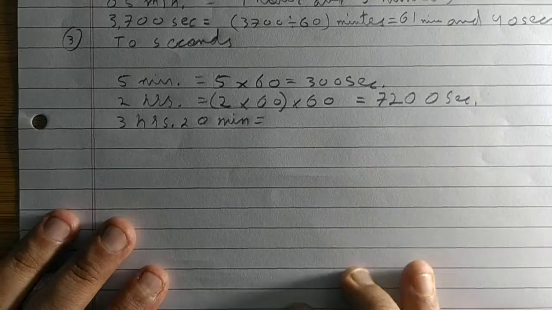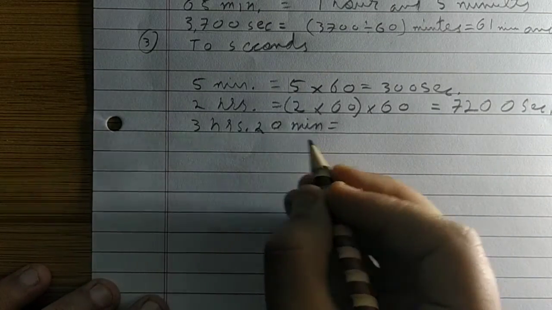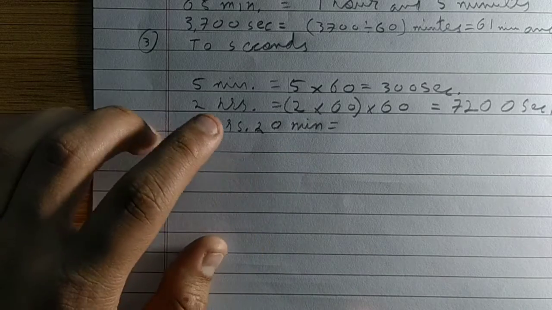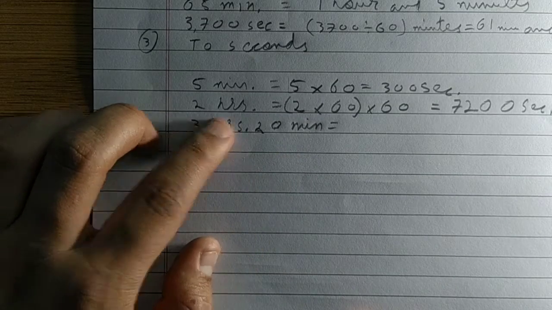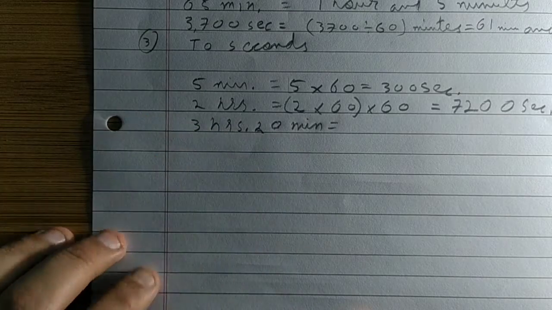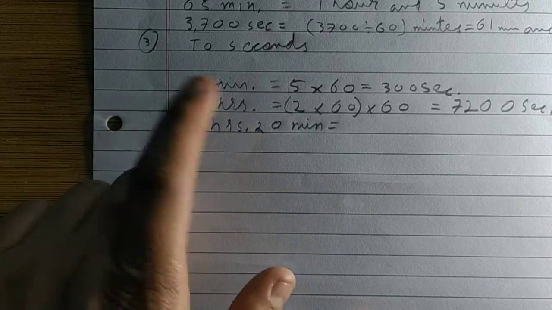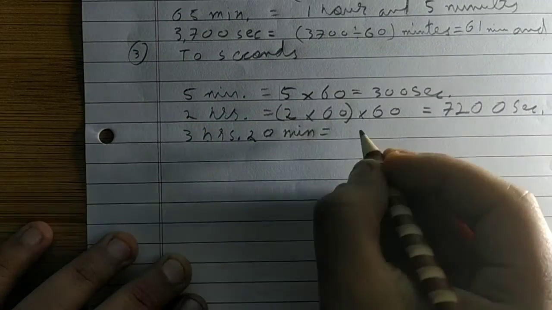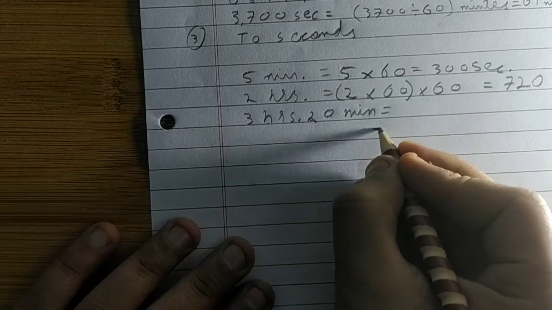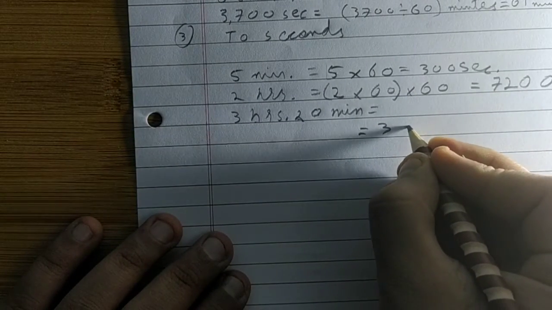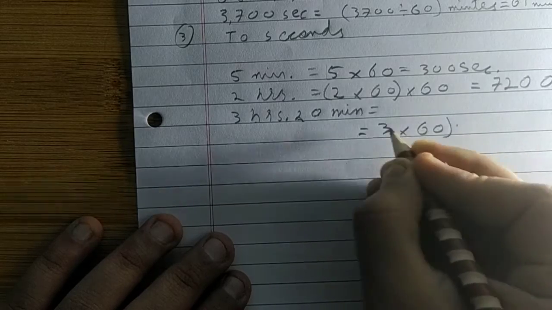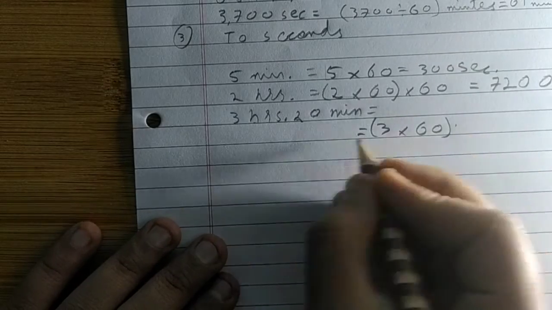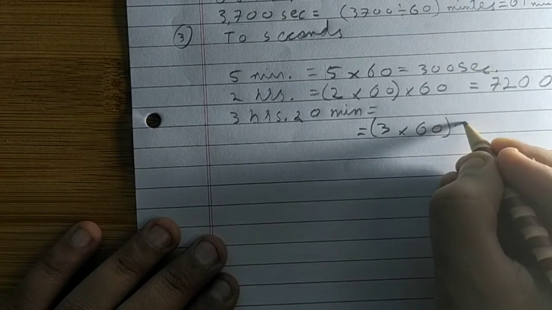And the last part of this is 3 hours and 20 minutes. Here we can convert the hours into minutes, and then we can add the minutes together, and then we can multiply that answer with 60 to get the answer in seconds. So let's do it here. 3 into 60 converts 3 hours into minutes, and you have to convert it into seconds as well.